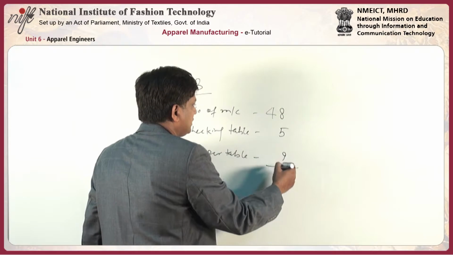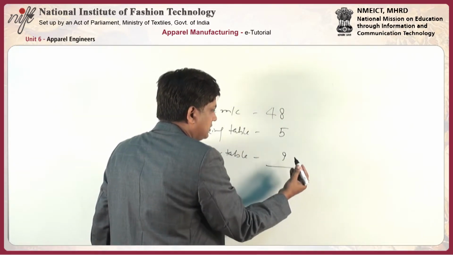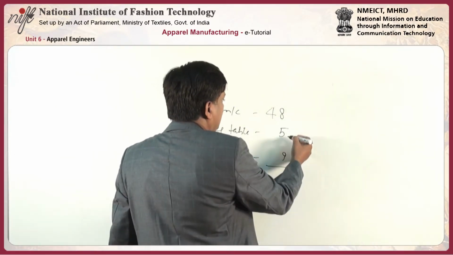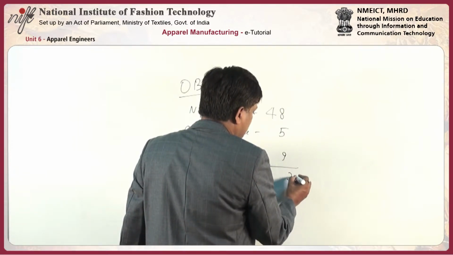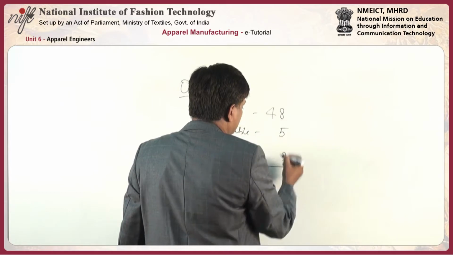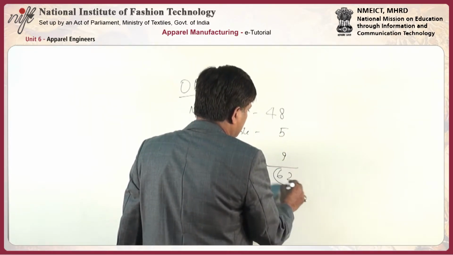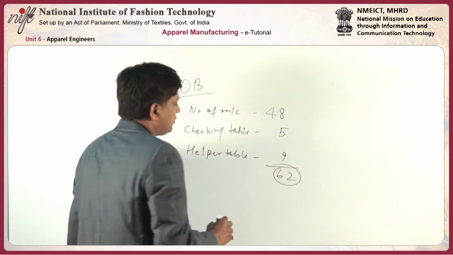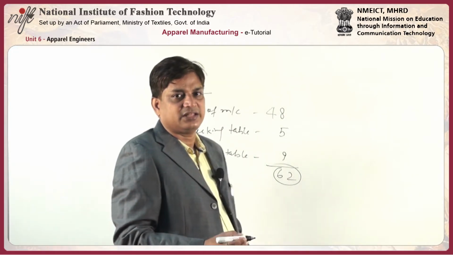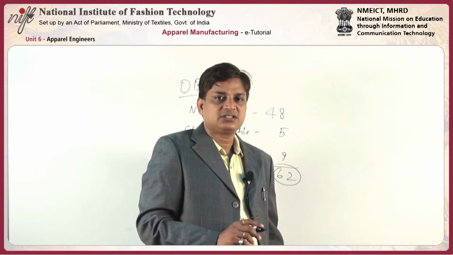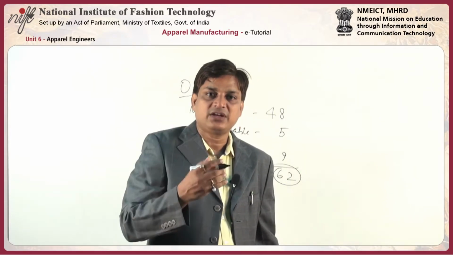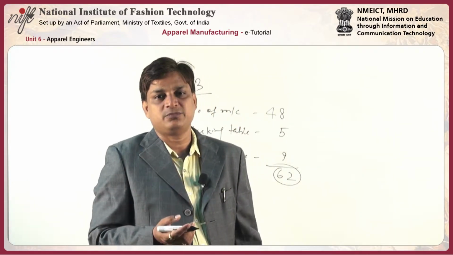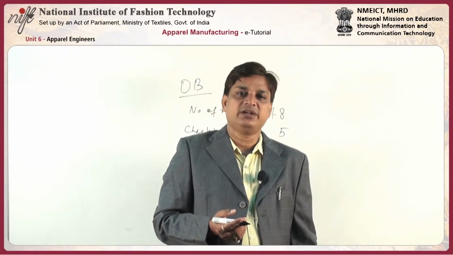If you do the total, it will come to exactly 62. So we are talking about around 62 workstations, including machines, helper tables and checking tables. Now if we know how many workstations there are, the next step will be the material movement, how we are going to plan it.